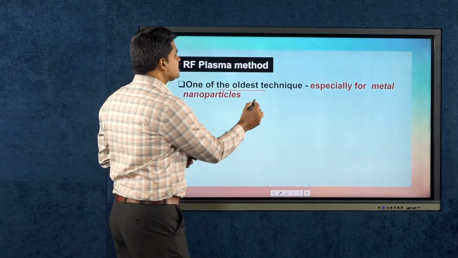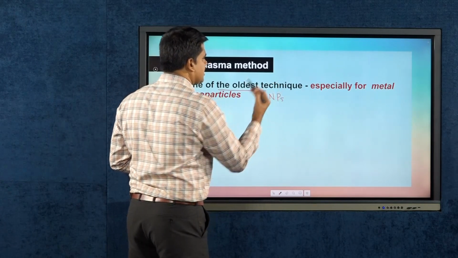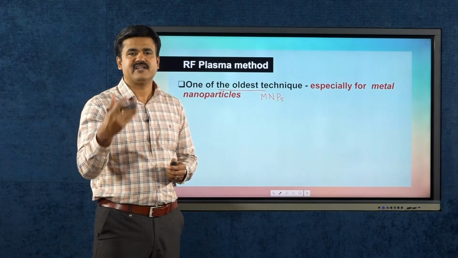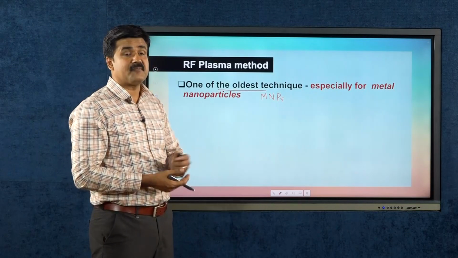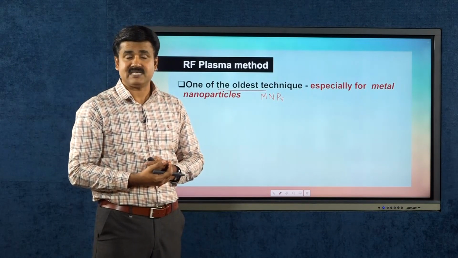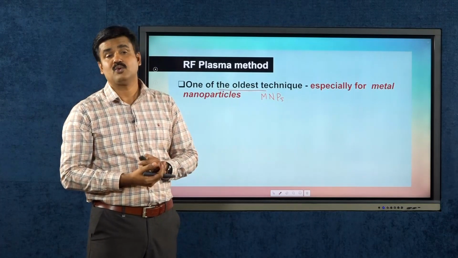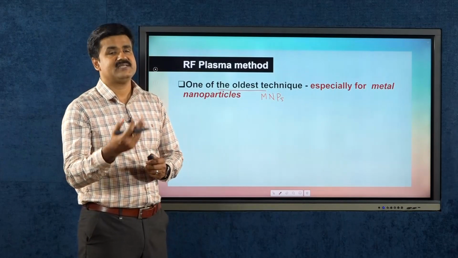Metal nanoparticles can be abbreviated as MNPs: platinum nanoparticle, iron nanoparticle, gold nanoparticle, silver nanoparticle, very popular. Such kind of metal nanoparticles or MNPs can be prepared by this RF plasma method, which is one of the oldest top-down methods for the synthesis of the nanomaterials.